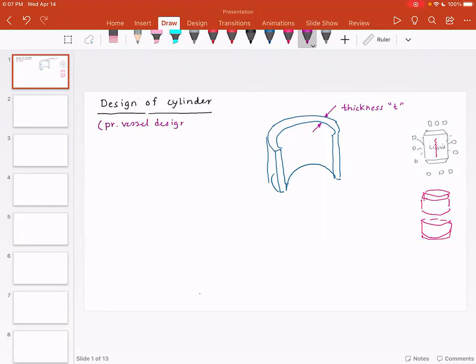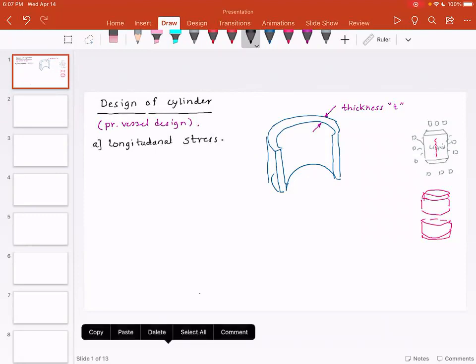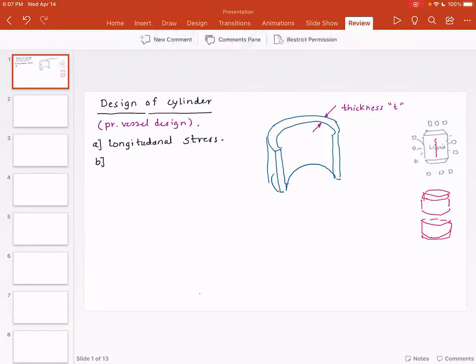So if you look at the cylindrical object that has internal pressure, and the pressure increases, there are two types of stresses that are generated. One is a longitudinal stress, and the second is circumferential stress.